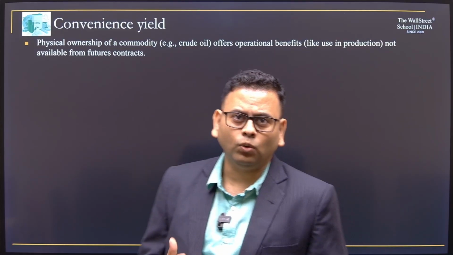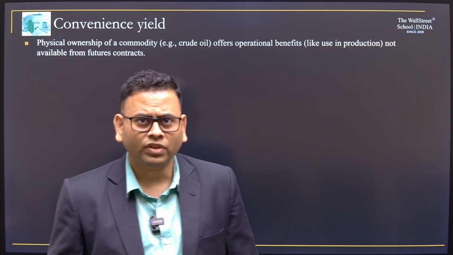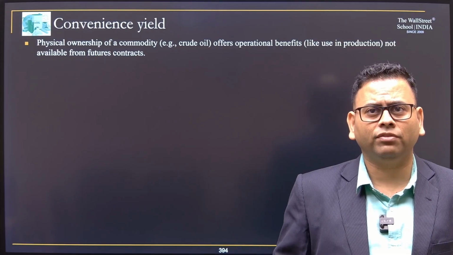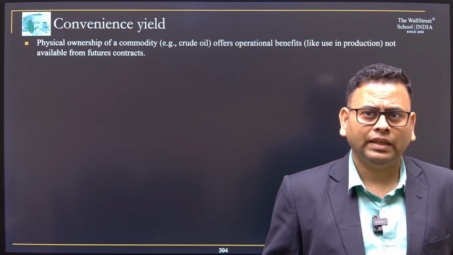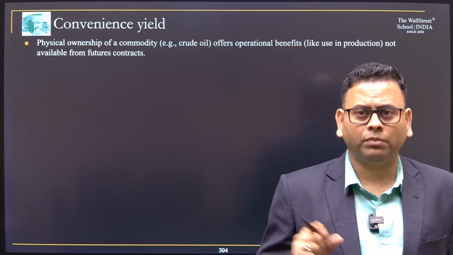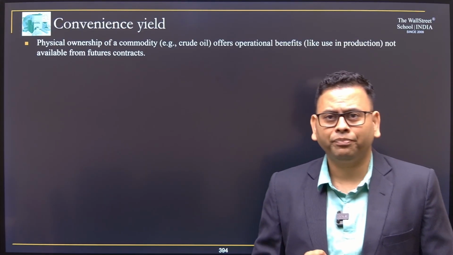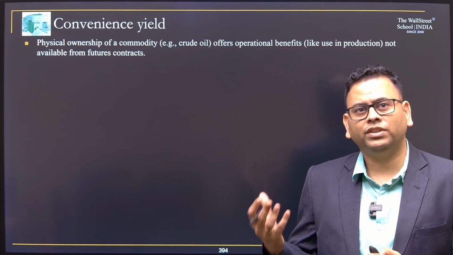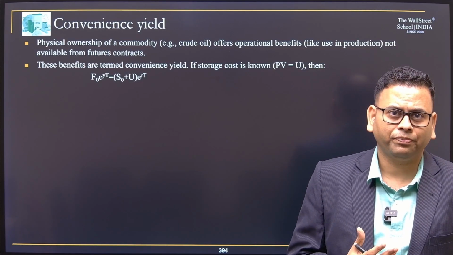Now convenience yield is this: when you physically own any commodity, let's say crude oil or any other asset, there's some kind of operational benefit which can be used in production. And that benefit comes essentially from holding that particular commodity. So your formula then would adjust this convenience yield with the cost.